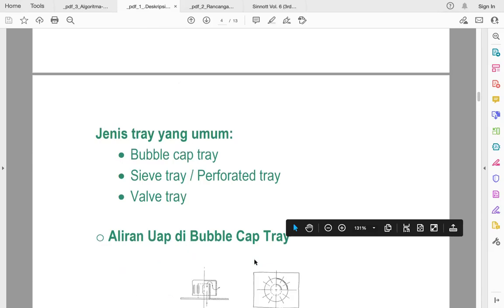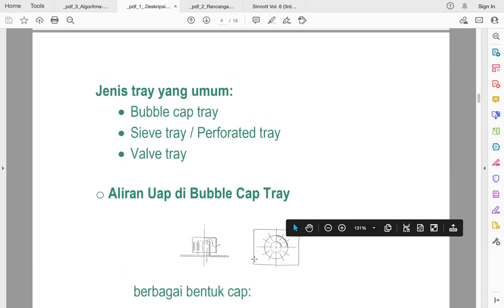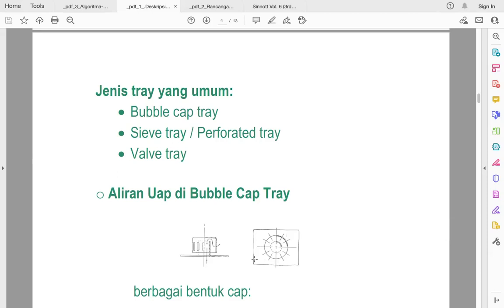Right, and then let's have a look at the types of the tray. The first one, which we often use, is a sieve tray or perforated tray, jadi bolong-bolong. A sieve tray or perforated tray looks like a plate with a lot of holes on it, and the holes also have a pattern.